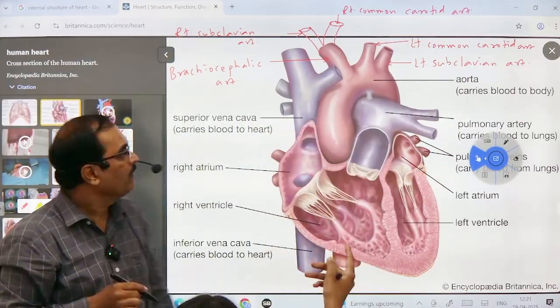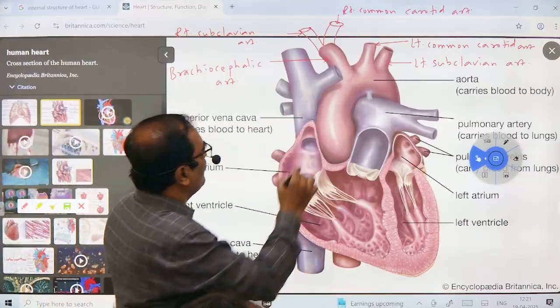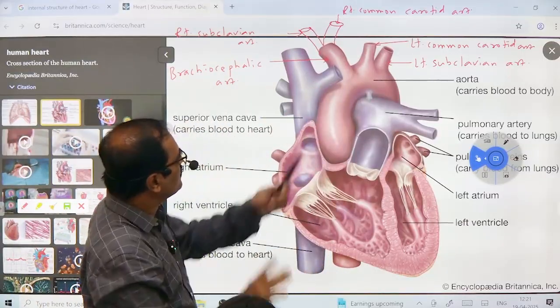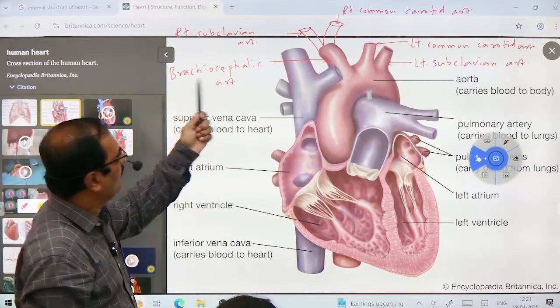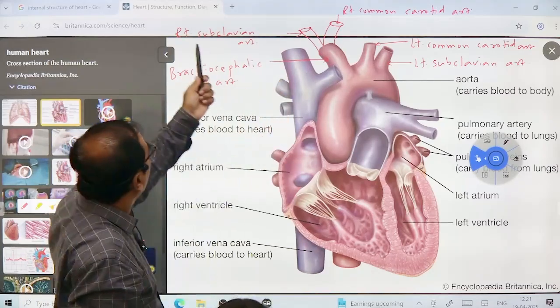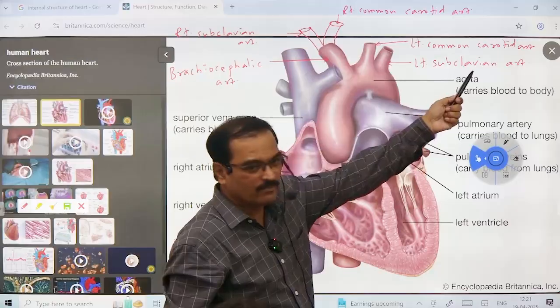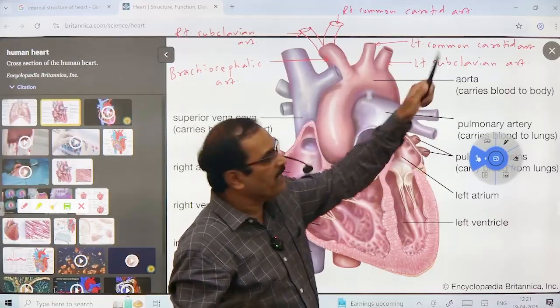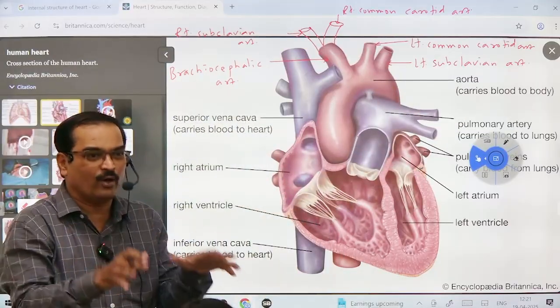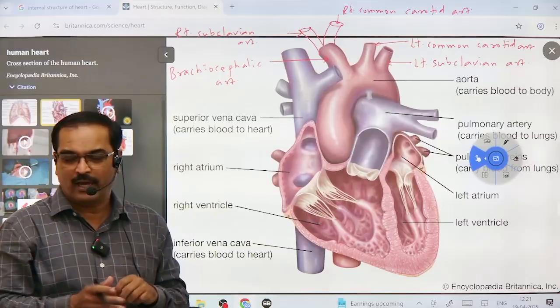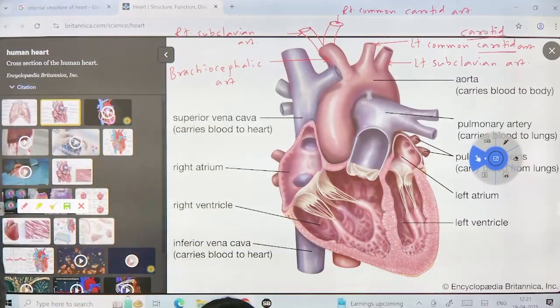The left common. One second. See, these are three branches, right? What is first? It is called brachiocephalic. Again, it divides into two: right subclavian, right common carotid. Now this one is called left subclavian. This one is called left common carotid. So totally, how many common carotid are there? Two. How many subclavian? Two.